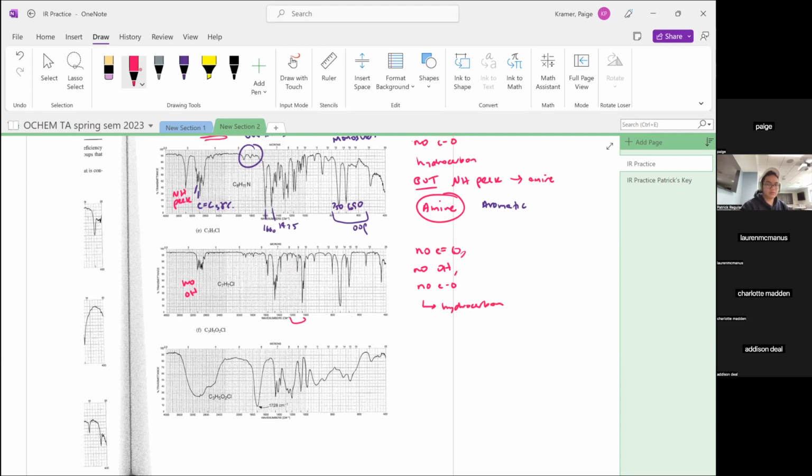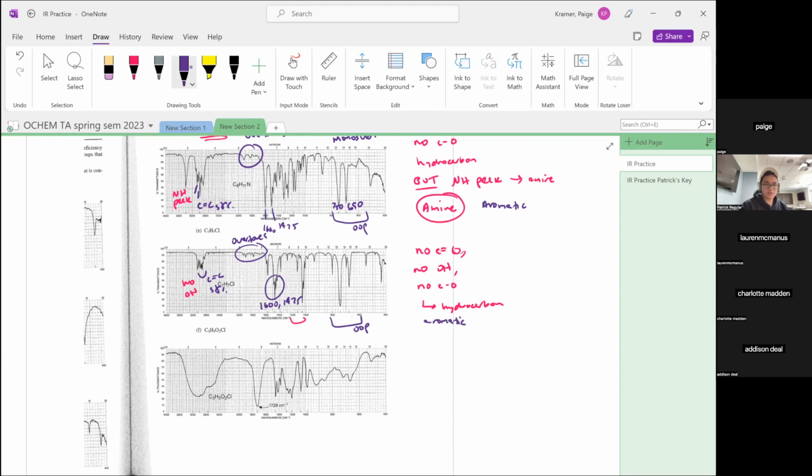And then we can look for aromatic again. These are a little smaller than the other ones, but still overtones. Some C double bonded stretching. And then here's some peaks around 1600, 1475. And then of course our OOP bends. So it is aromatic.